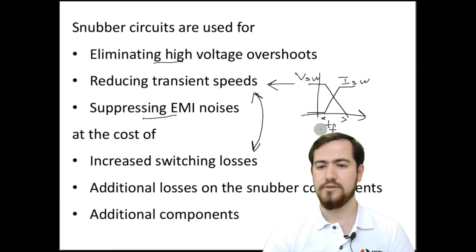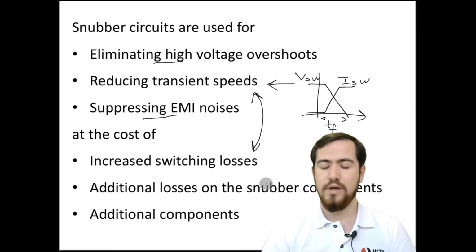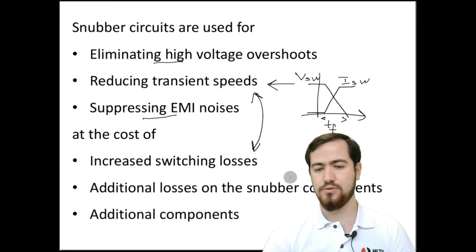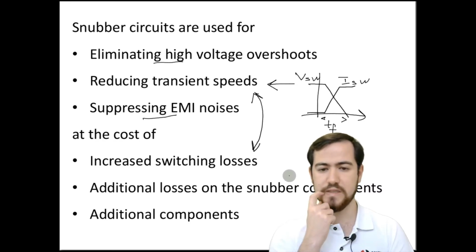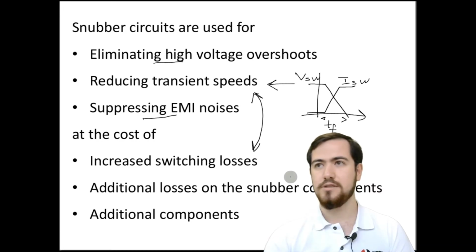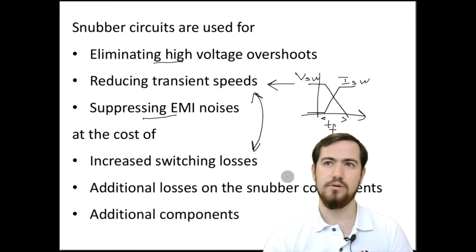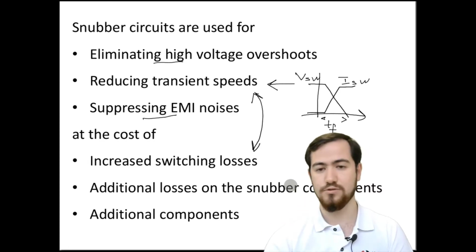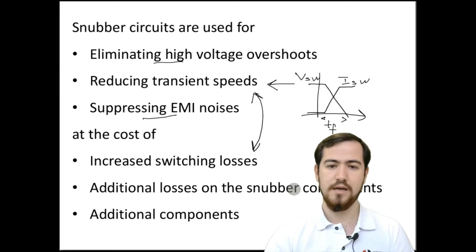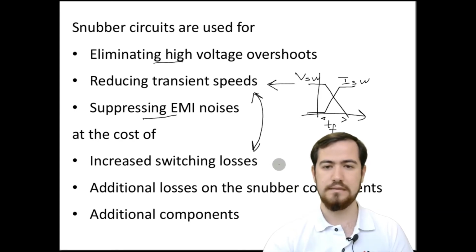We are increasing this fall time, so it increases our switching losses as well. Moreover, we need to put additional components to have a snubber connected to our circuit, and we observe additional losses on the snubber components which are considerably high, as high as the switching loss. So we are now going to focus on these details.